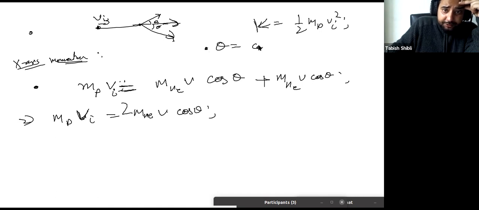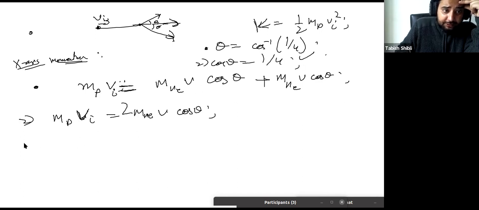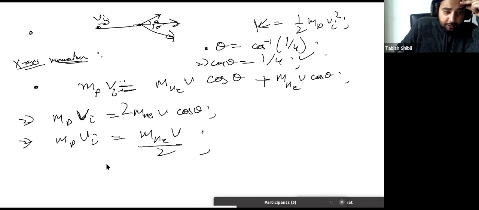Now, you're given theta. Theta is given to be cos inverse 1 by 4, right? So cos theta is just 1 by 4, correct? So let's just put this value here. So this is 1 by 4 cos theta. So mp Vi is just equal to mass of helium V divided by 2.